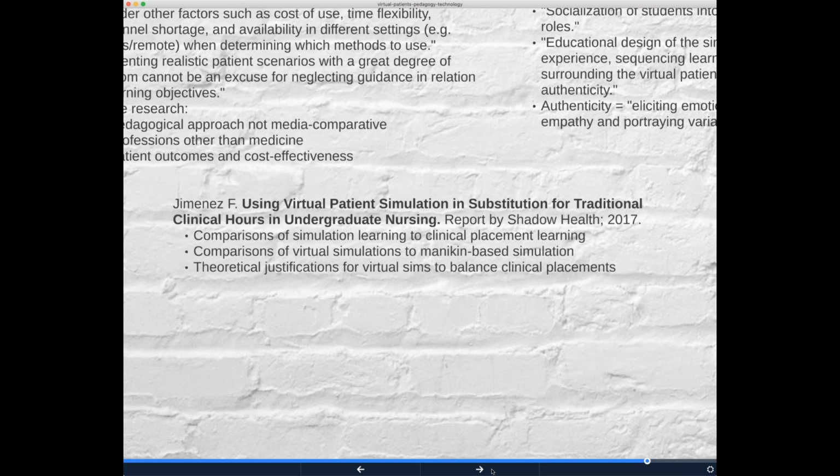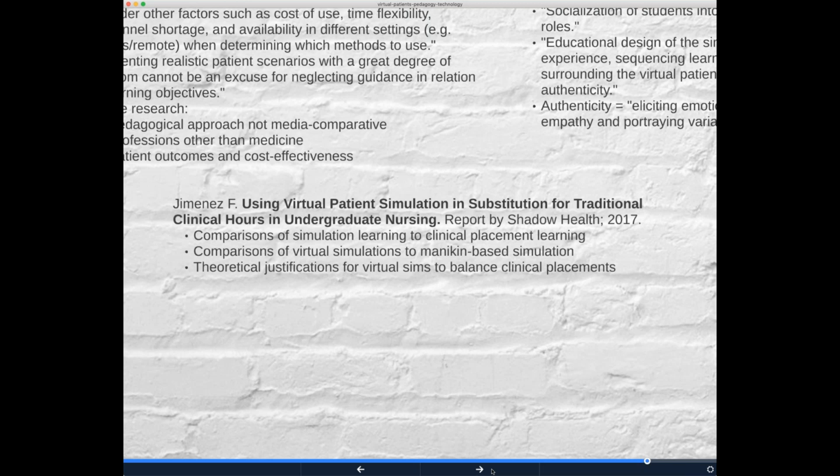They summarize some of the comparisons of virtual simulations to mannequin-based simulations, and there are some comparisons showing not only in some situations that virtual simulations are equivalent, but in some they're superior to the mannequin-based simulations. And building on this provides theoretical justifications for how virtual simulations can be part of a hybrid curriculum and balance and complement clinical placement learning.